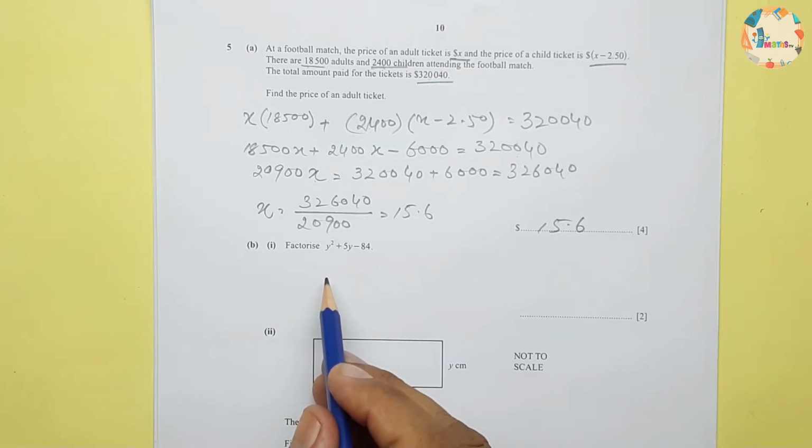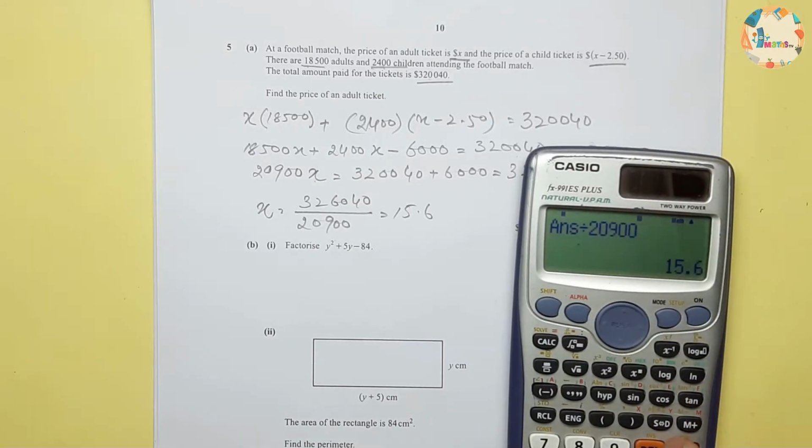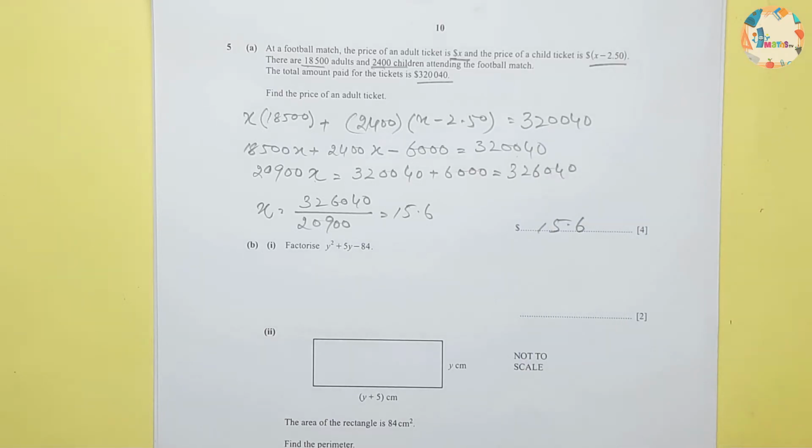Factorization of this one, we can factorize this easily, and the easier method is like, for example, the a value is 1 and the b value is 5 and the c value is minus 84, and this x1 will be 7 and x2 will be minus 12.